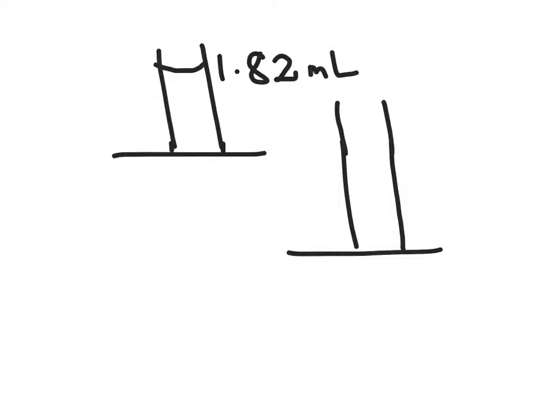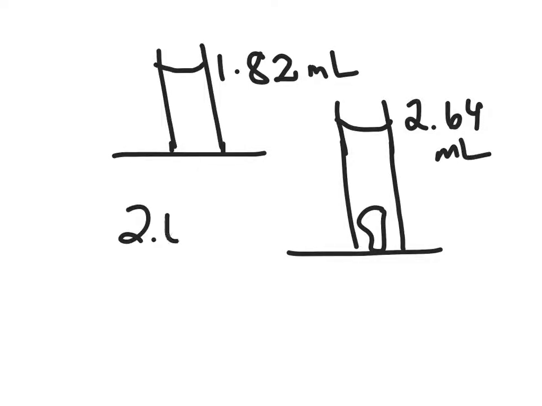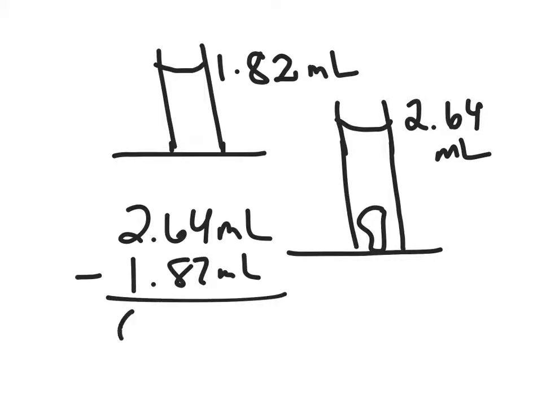So if I put my little rock in here, it'll sink to the bottom. And now the water level will actually be higher than it was because the rock has displaced some of that water. So let's say the water level now is at 2.64 mL. If I subtract those two volumes, I find that the rock displaced 0.82 mL of water.